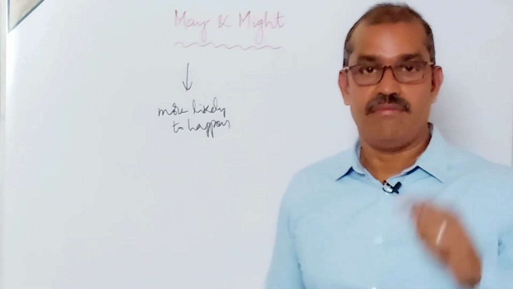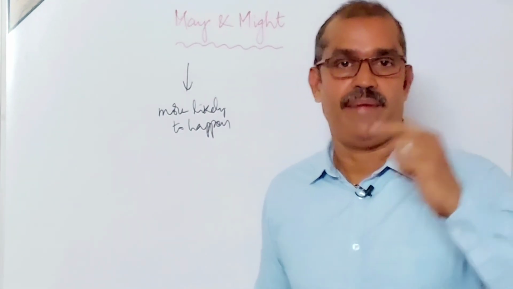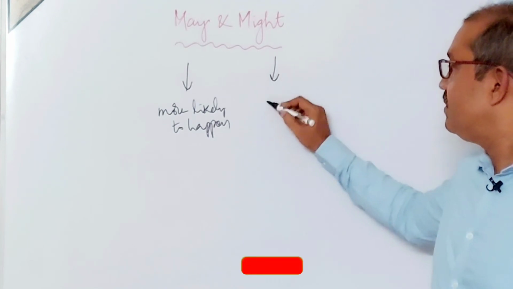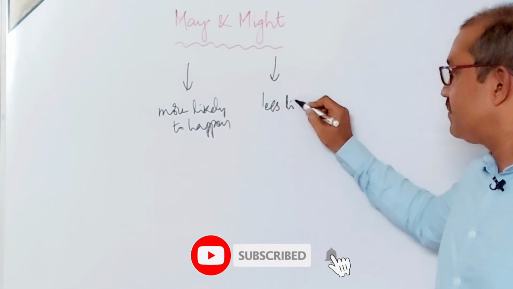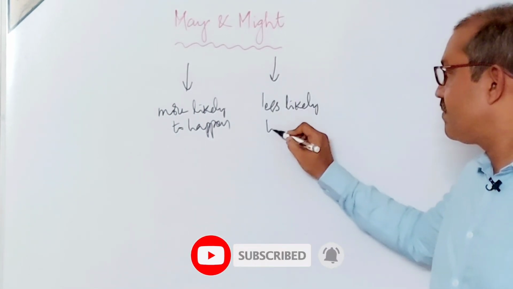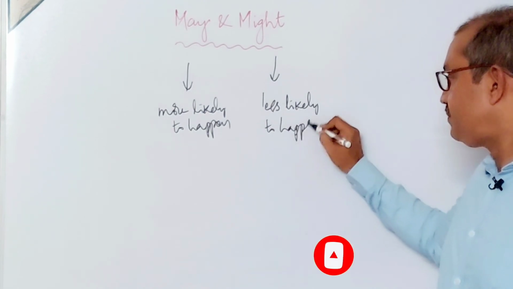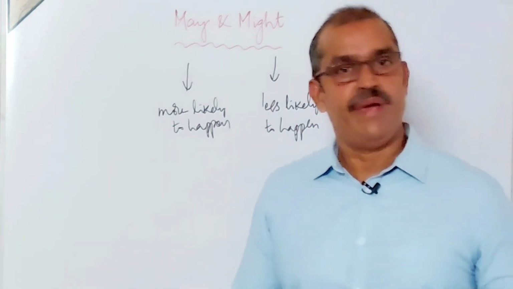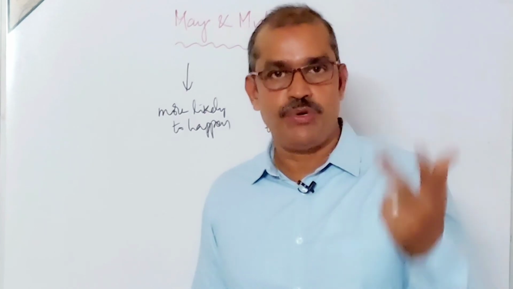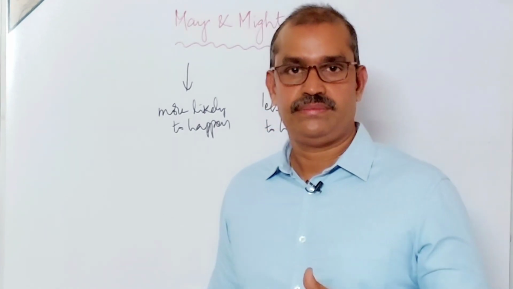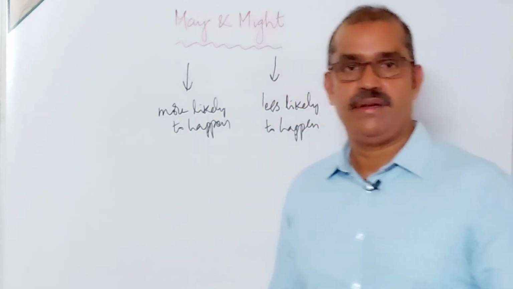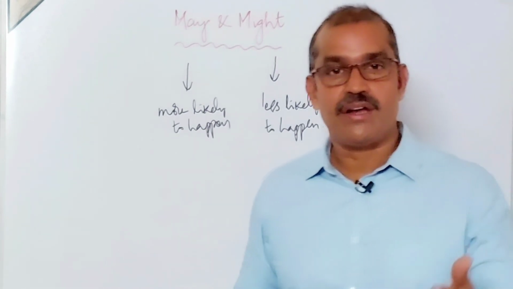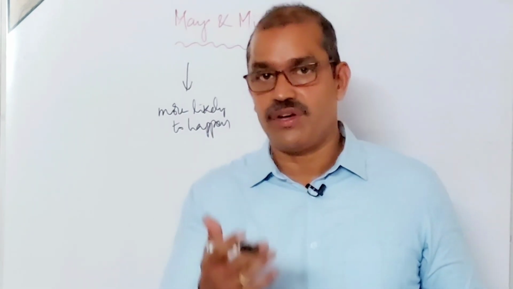Might can be used when there is less likely to happen. In other words, may can be used when there is a strong possibility of happening of an event. On the contrary, might can be used when there are a fewer chances of occurrence of an event.